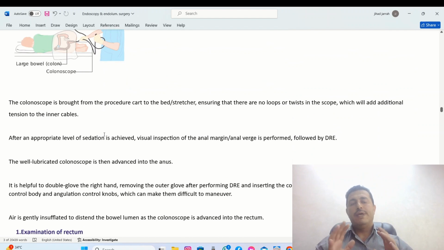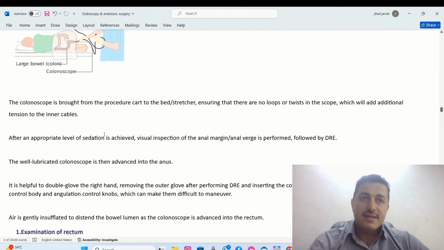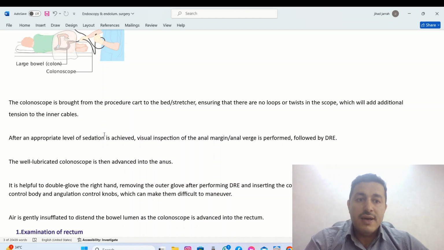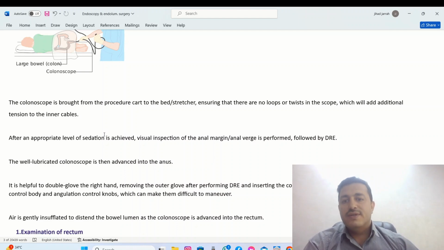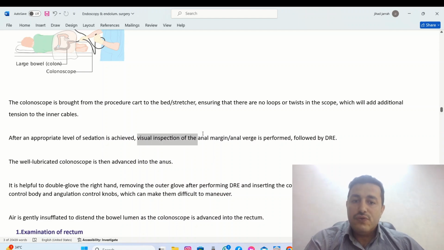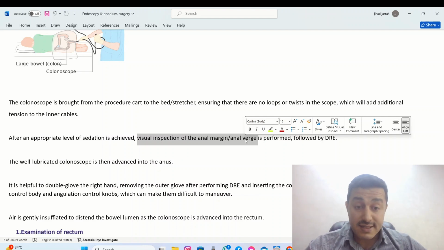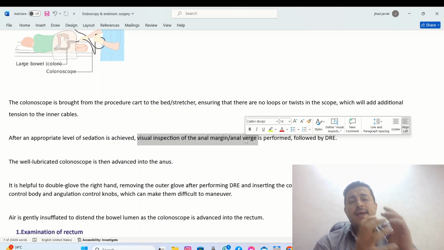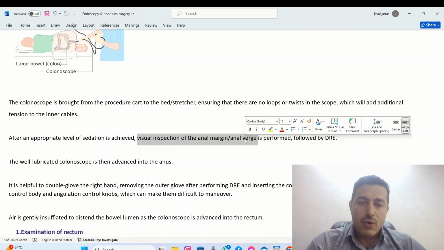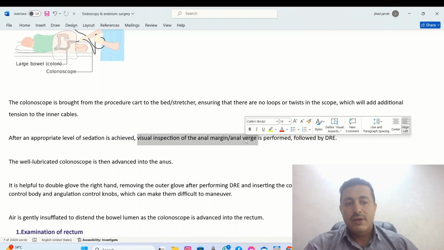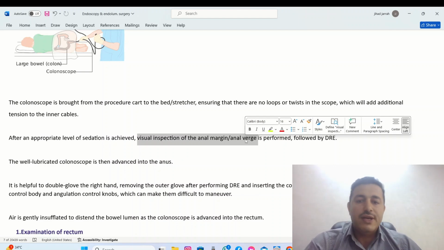After we provide anesthesia and reach the appropriate level of anesthesia, we start by visualization. As we said at the beginning of this lecture, visual inspection of the anal margin and anal verge, and we should proceed to digital rectal exam. For this reason, we may double glove our hand in order to perform the digital rectal exam, remove it, of course, with lubrication.